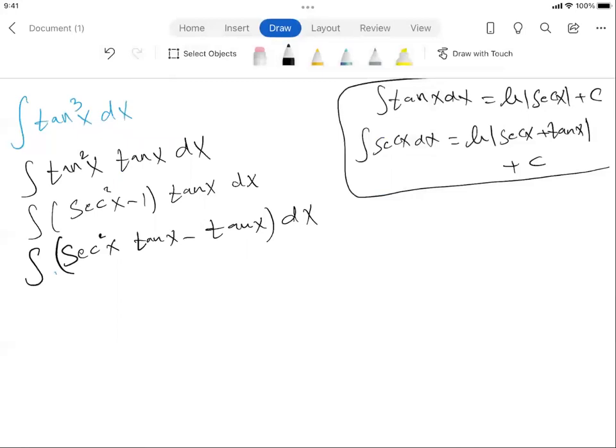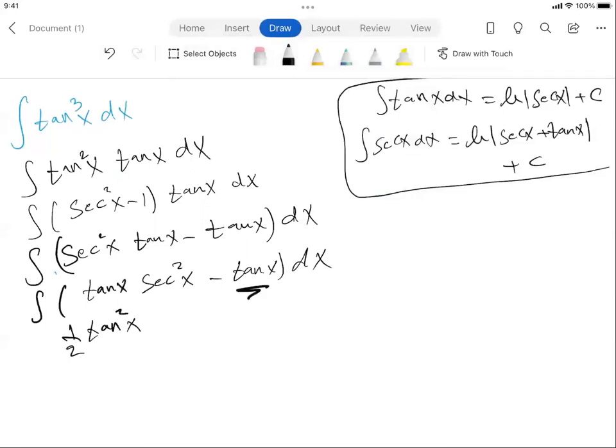We know that the derivative of tangent is secant square, so I'm going to write this one by interchanging those two terms. Then, since the derivative of tangent is secant square, this first term simply becomes tangent square of x divided by 2. And for the integral of tangent of x, I'll use the formula in here.